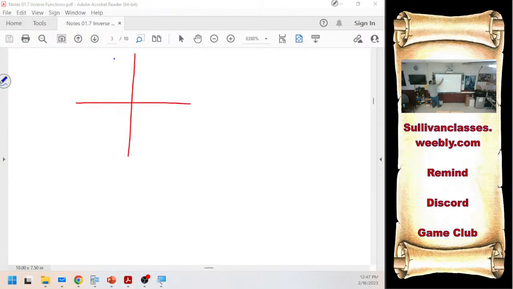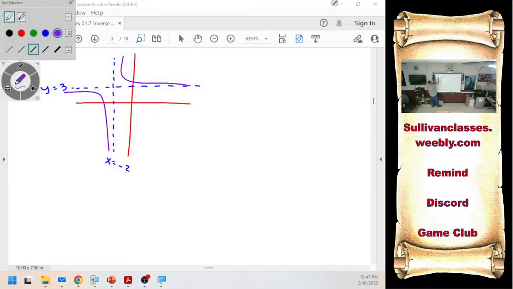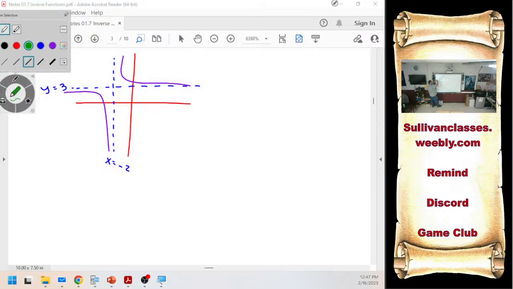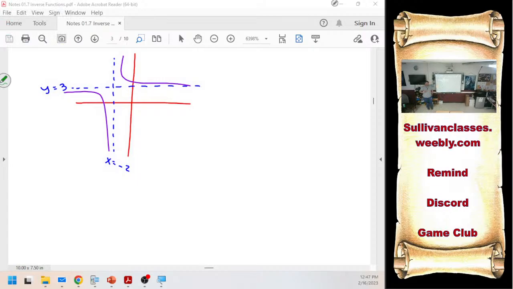Say I've got a graph with a vertical asymptote at x equals -2 and a horizontal asymptote at y equals 3. Then its inverse is going to swap x and y, so it also swaps the domain and range.